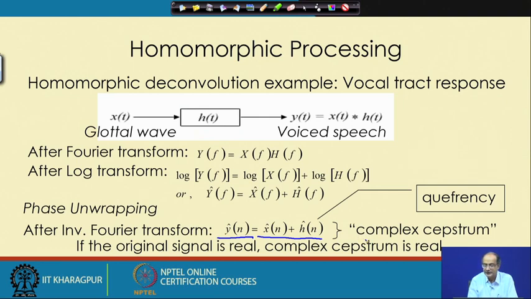Here we take a term called quefrency. Actually we are changing the word frequency, jumbling it and getting this new term, and the new name given for the new signal is complex Cepstrum. Again, Cepstrum comes from jumbling the word spectrum.